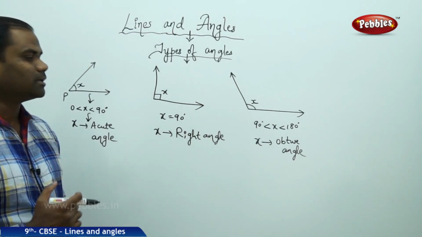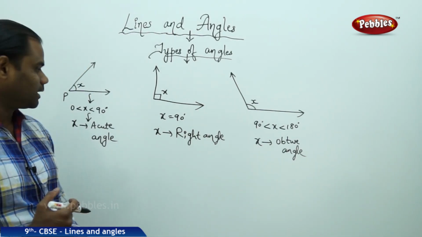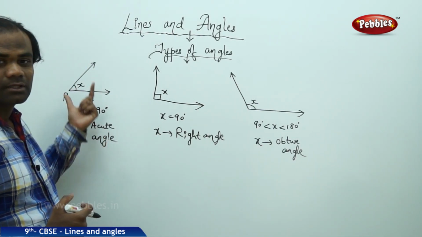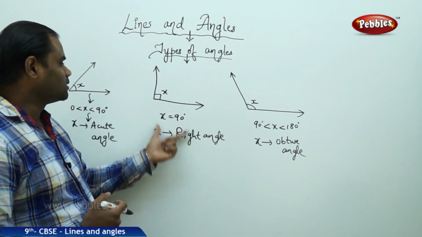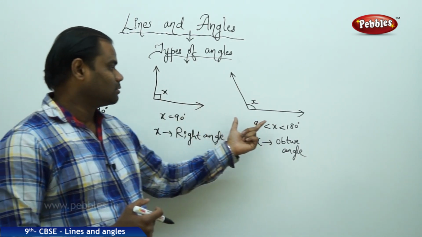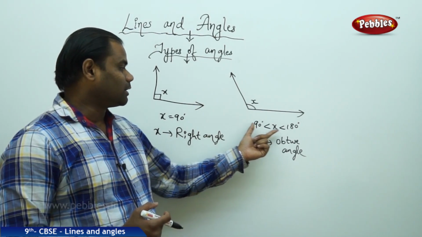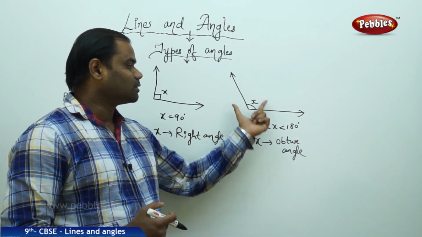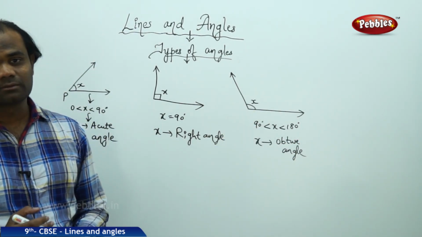This is how we see the three different cases of an angle. Less than 90, acute; equal to 90, right angle or perpendicular angle; and between 90 and 180, obtuse angle.